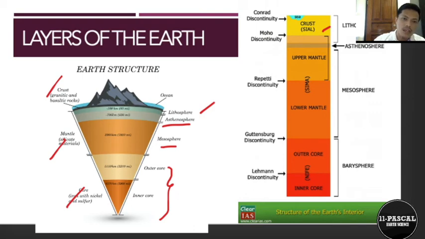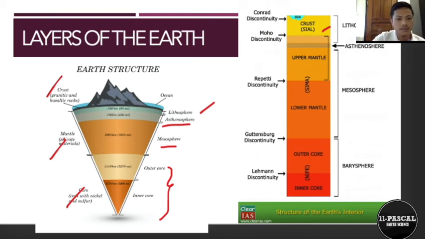Sial stands for silicon and aluminum. So again, the first discontinuity is the Conrad discontinuity. It separates the sial, or the continental crust, from the sima, or the oceanic crust.